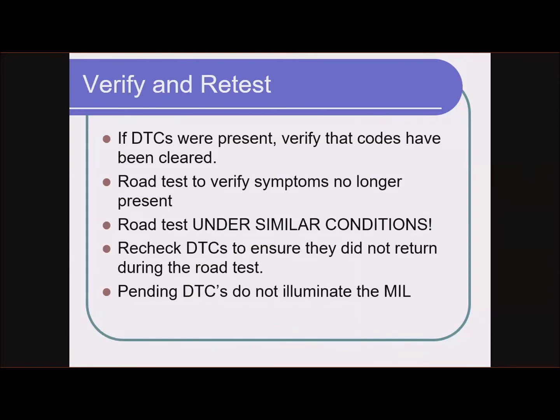What they'll set is a pending diagnostic trouble code, meaning that the monitor's failed once, but it's a 2-trip monitor. It has to fail twice to set a code and turn on the light. So if you do the road test and verify that you don't have any even pending codes, then you know the problem didn't recur, at least during that road test. Very important.